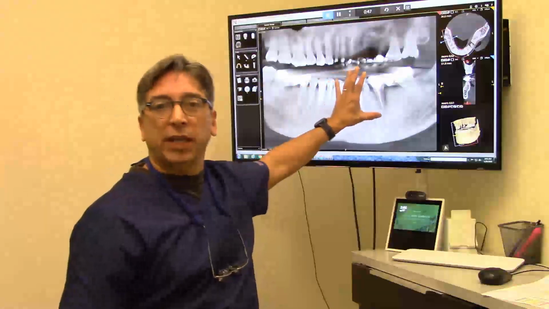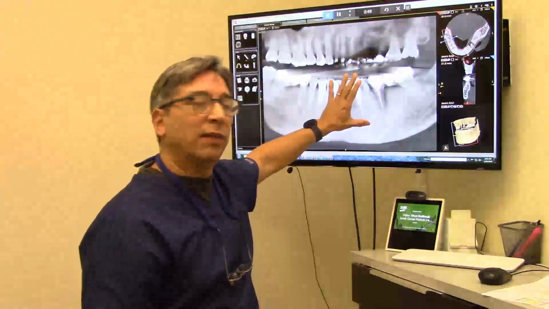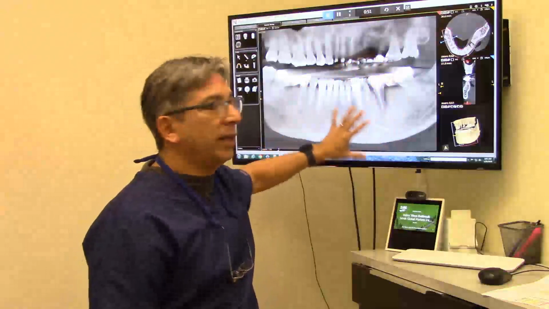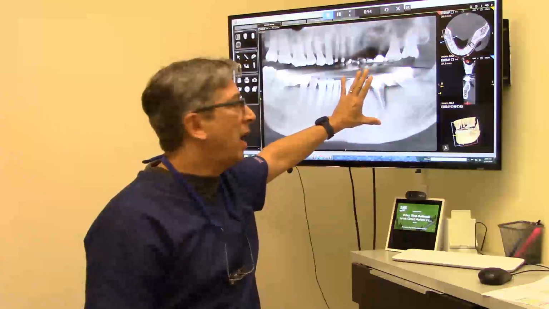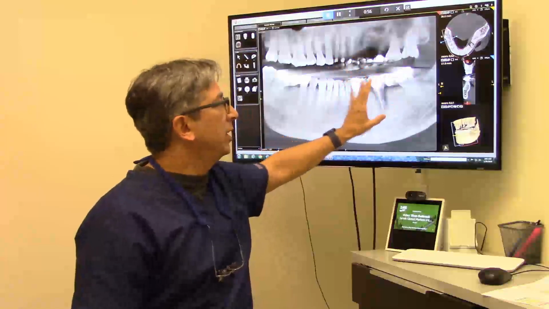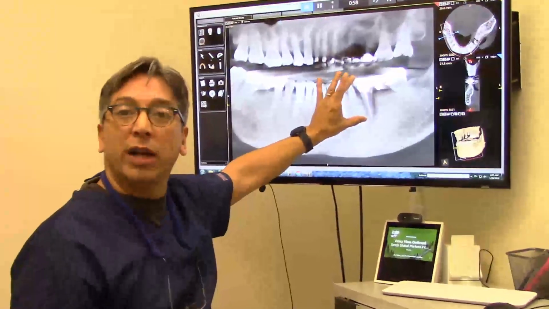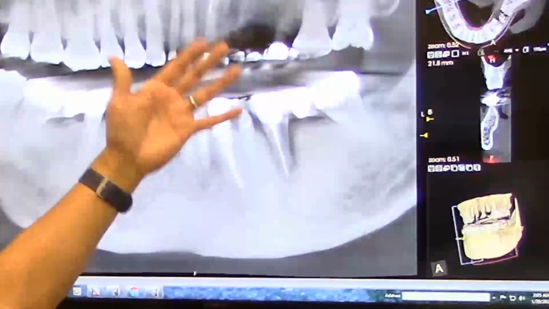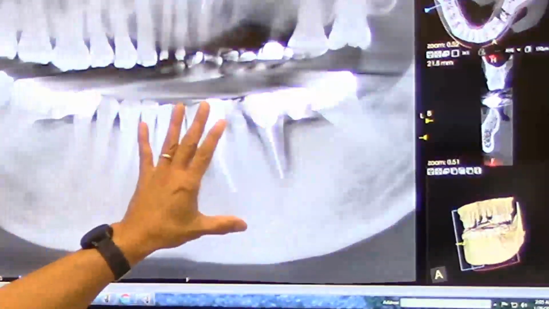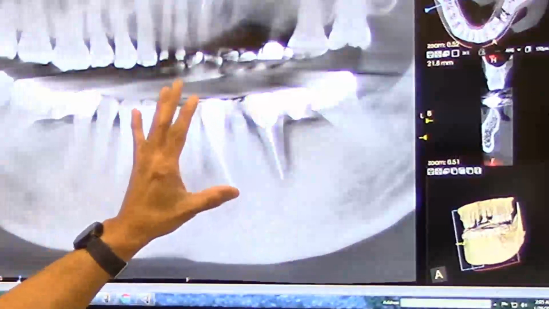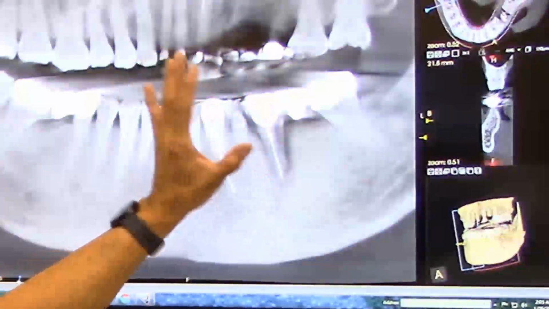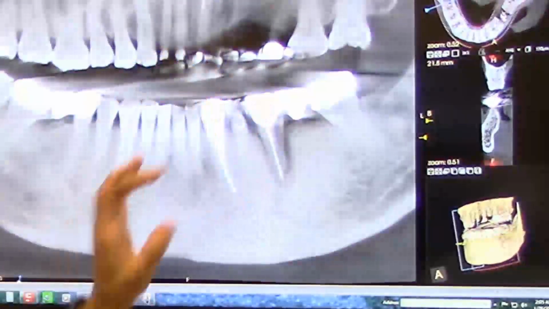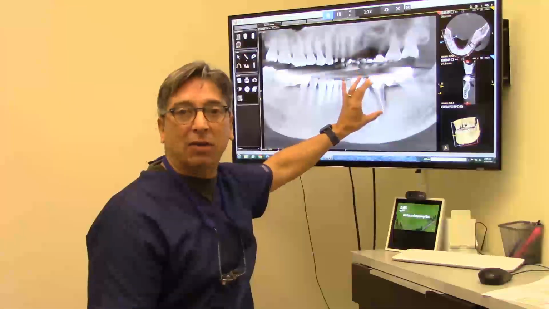So the patient comes in with a problem on the lower left side. Looking in the panel view, you can see why. He has a bridge that put too much force on a root canal treated tooth, which fractured, but never got its surface exposed, so the bone is eating itself away. What happens here is that the body is trying to reject this piece of tooth that now looks like a splinter.